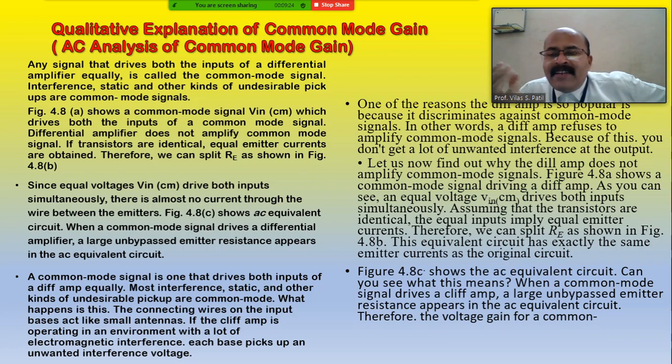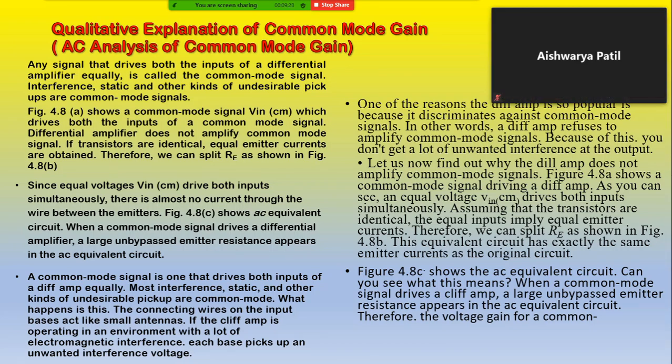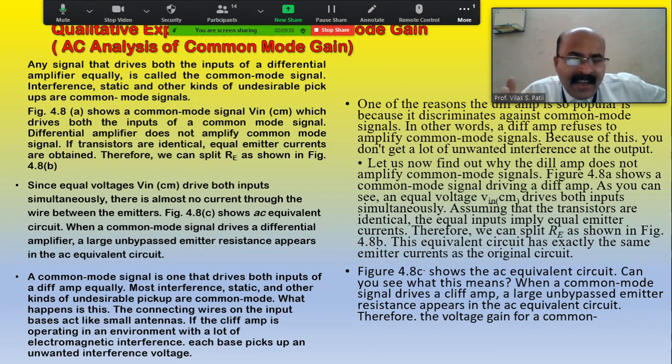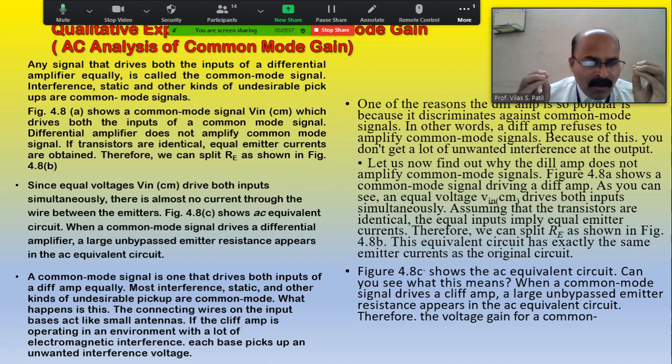Any wire acts as an antenna, so the open wires at the bases of both transistors Q1 and Q2 act as antennas and pick up the common signal. In the environment in which the operational amplifier is working, the base of both transistors can pick up some signal from that environment, and that signal is known as a common signal.